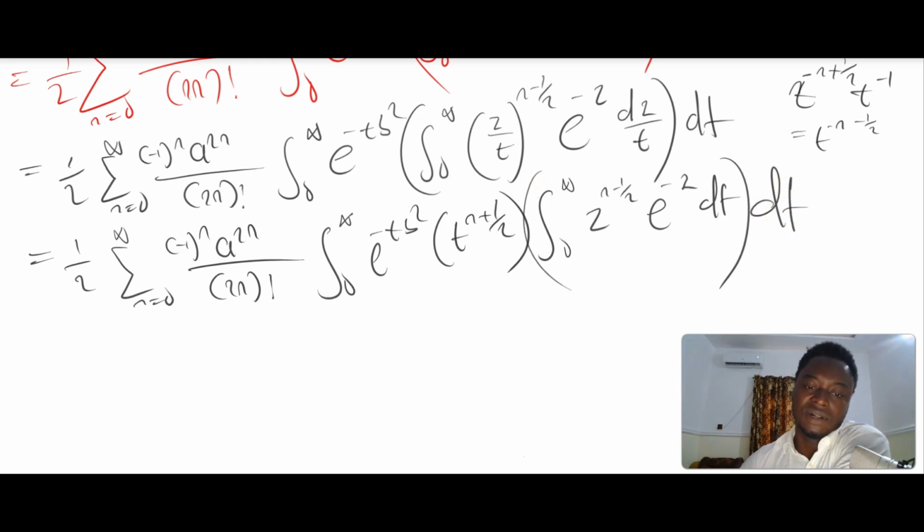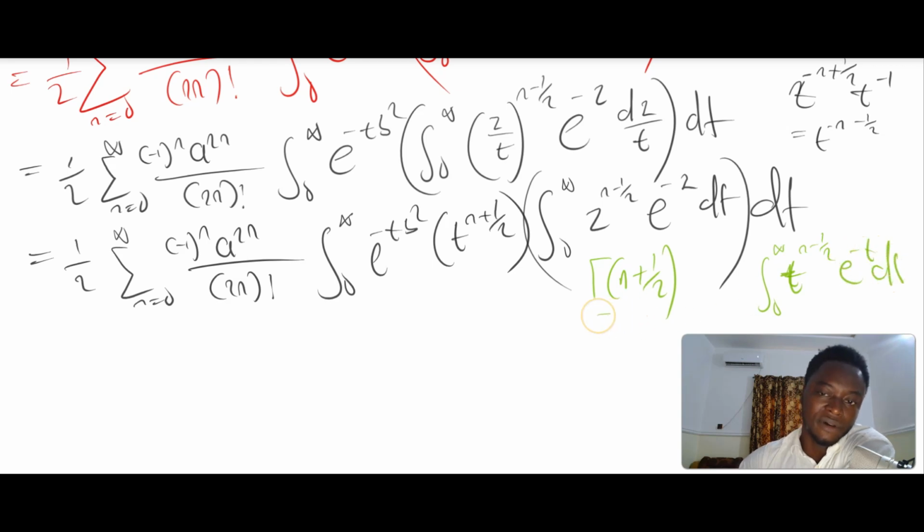Now, after having stopped here, you have to notice that this is equal to gamma of n plus half, because that would be the integral from 0 to infinity of t to the power of n plus half minus 1, which is n minus half, then e to the power of negative t dt. So this will be gamma of n plus half.